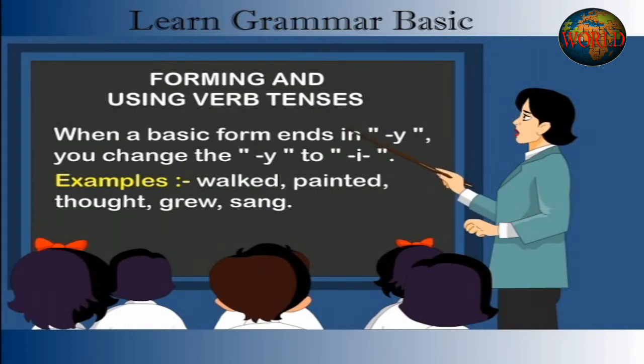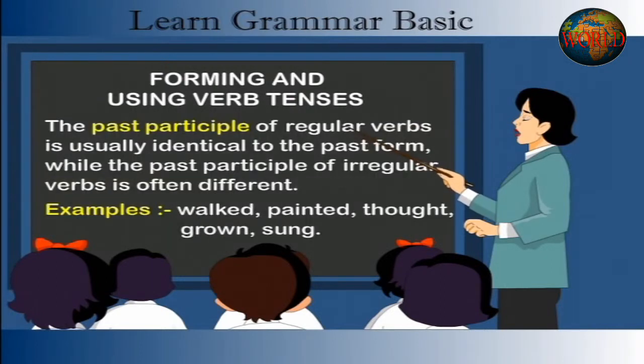Examples: walked, painted, thought, grew, sang. The past participle of regular verbs is usually identical to the past form, while the past participle of irregular verbs is often different. Examples: walked, painted, thought, grown, sung.